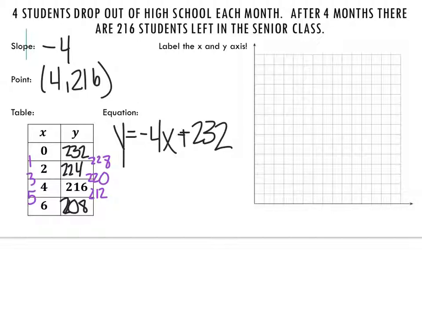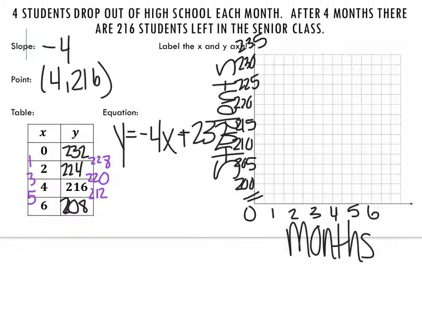So let's graph it. So I did my months by ones, and then I did what we call breaking the axis, so I don't have to go like by 1, 2, 3, 4, or by tens, 20s, or by hundreds. I broke it, started at 200, and then went up by 5. It's a secret math thing.